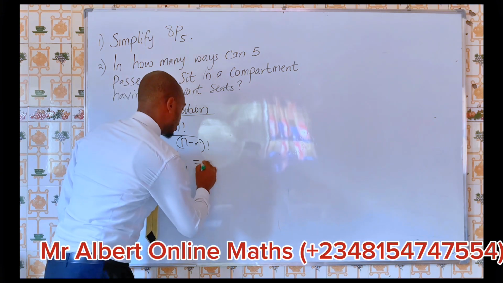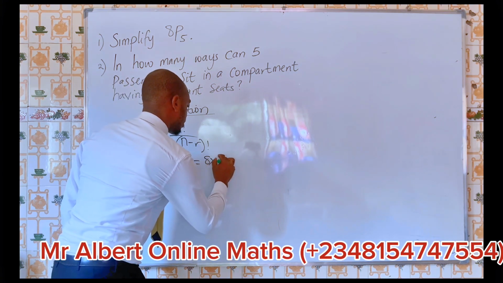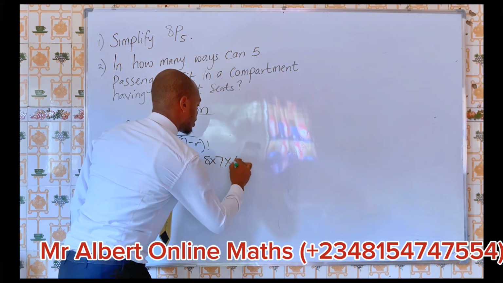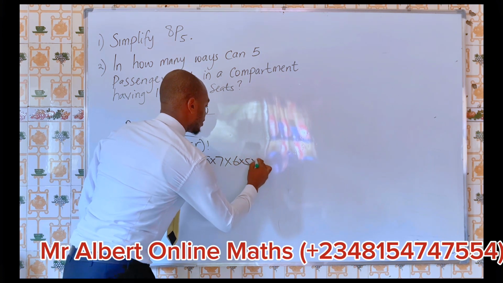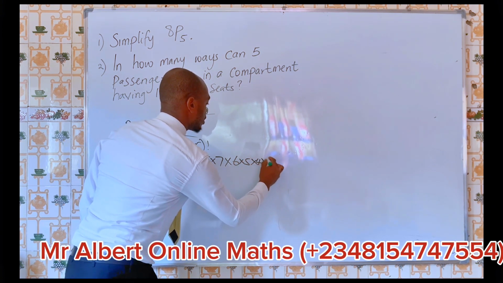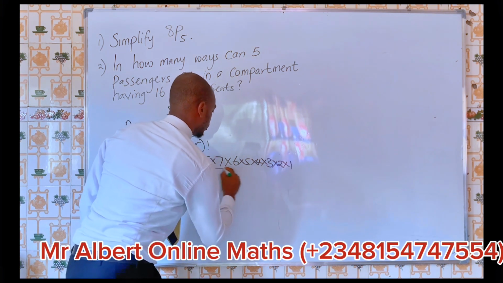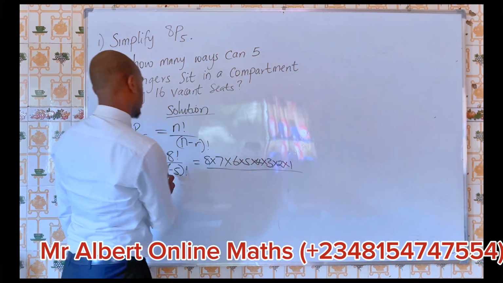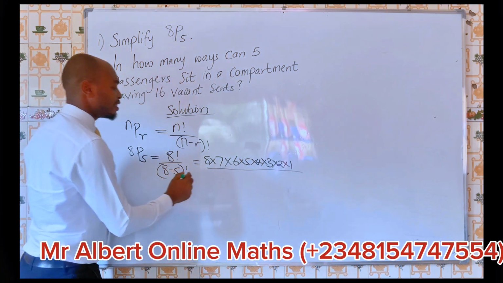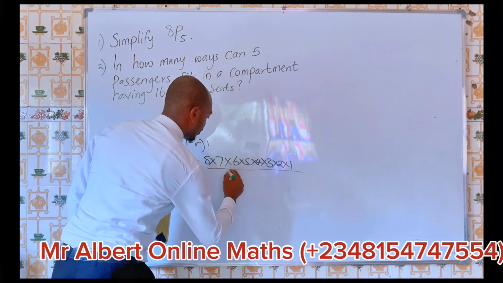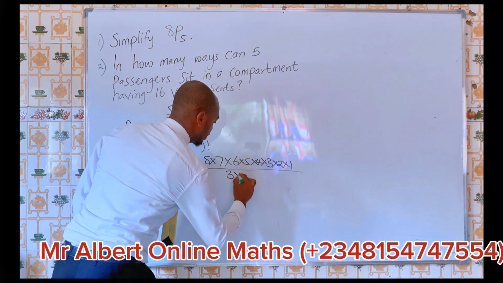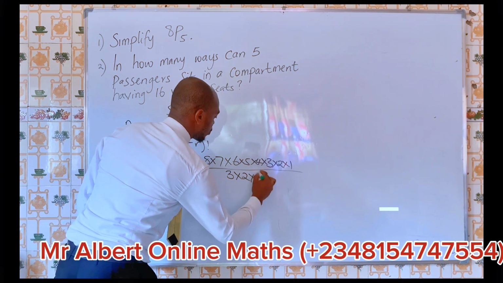So that will give us 8 times 7 times 6 times 5 times 4 times 3 times 2 times 1 all over 8 minus 5, which is 3 factorial, which is the same thing as 3 times 2 times 1.